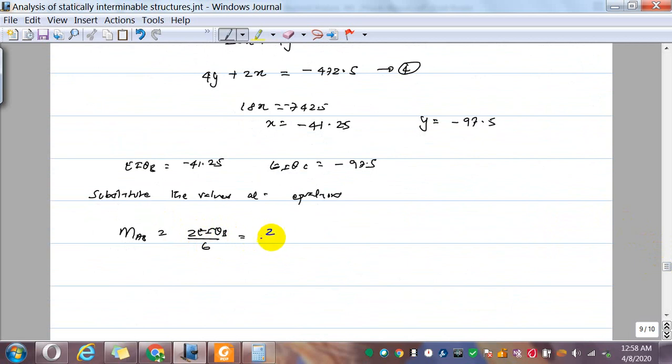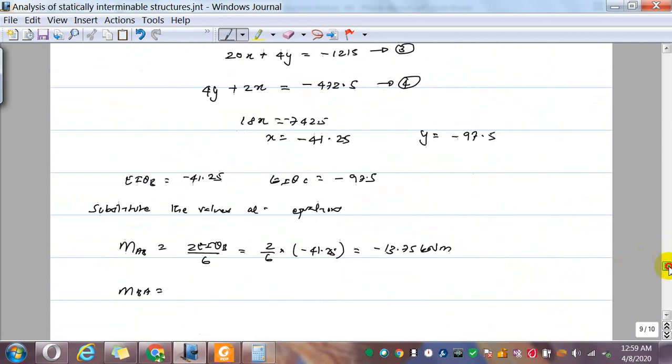So that is 2 over 6 into minus 41.25. If we divide 41.25, that becomes minus 13.75 kilonewton meter. MBA is 4 EI theta B over 6.